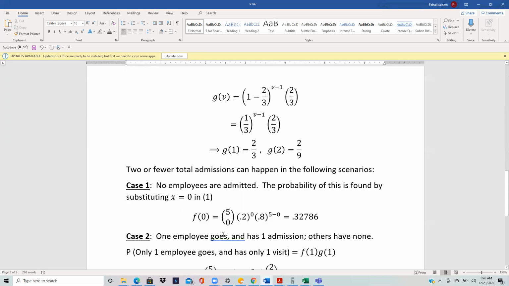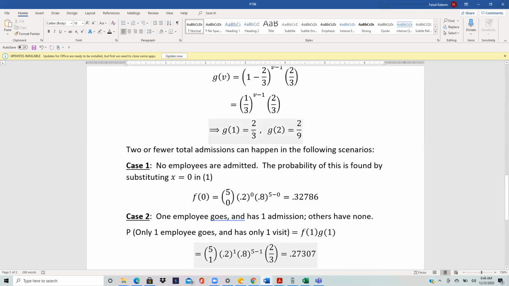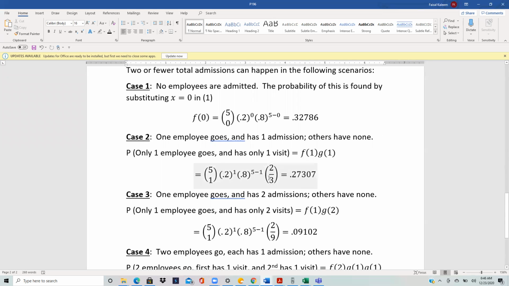The probability will be f of 1, the binomial that was giving us how many employees go, multiplied by g of 1, which was giving us the number of visits once an employee goes. We substitute 1 in the binomial formula, and remember, we calculated g of 1 to be 2/3. So we get 0.27307.